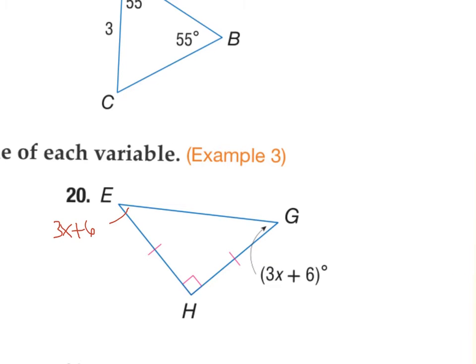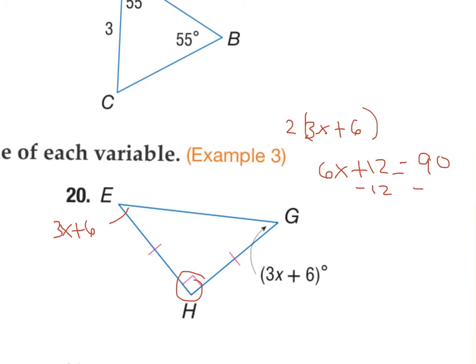So if we're trying to figure out what the variable is, we already know that this is 90 degrees, and angle E plus angle G is also equal to 90. So you would set it up as 3x plus 6 times 2, because it's twice. So 6x plus 12 is equal to 90.